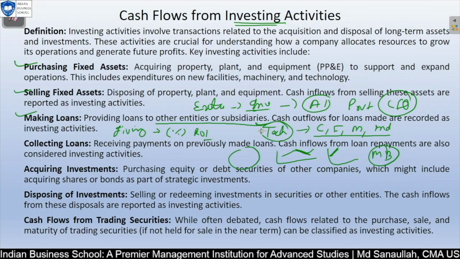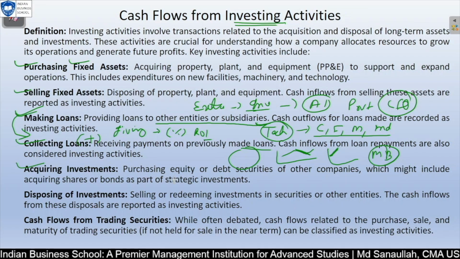Not only that, he also has to think about where the company itself needs investment, like purchasing fixed assets, acquiring property, plant and equipment, and collecting loans, that is, receiving payment from a previously made loan. If you have given a loan and now you are collecting, that will be a positive sign in your investing activity.